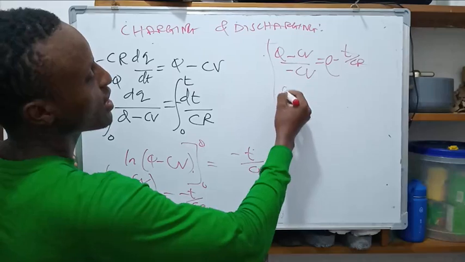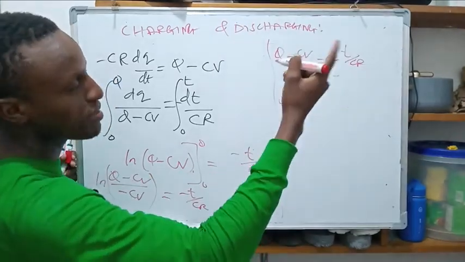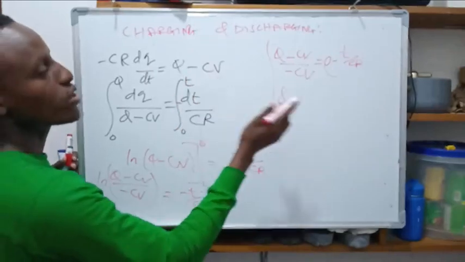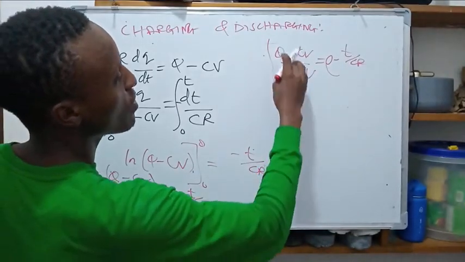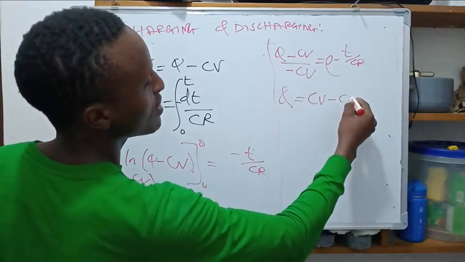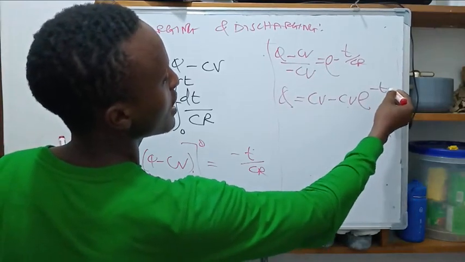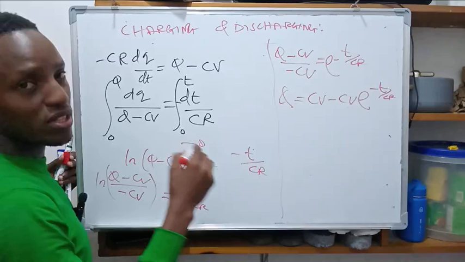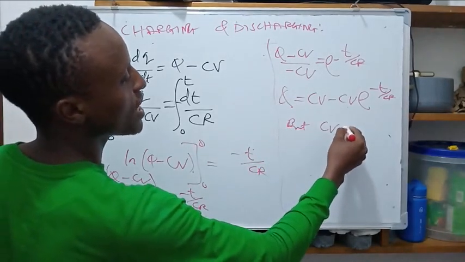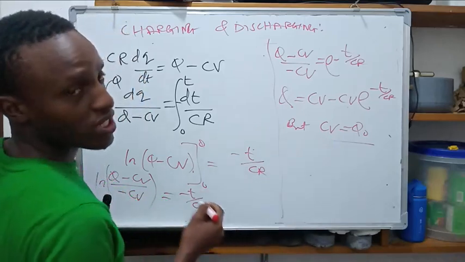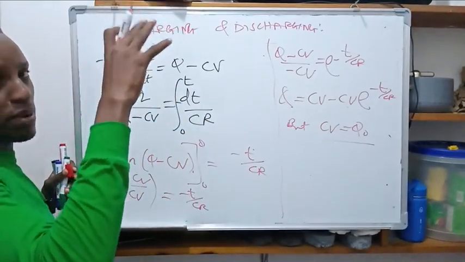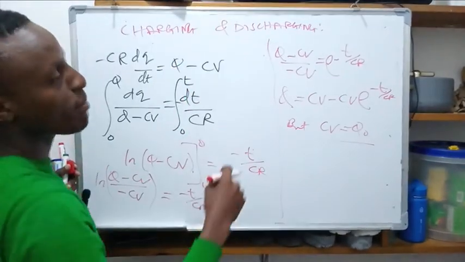So we can say Q, the charge now at any time T. I said from 0 to final, meaning at time T. So when this comes to that side, it becomes positive CV, minus negative CV, then e to the negative T over CR. So speaking about the charge at a given time, this CV was the initial charge, due to the potential and the capacitance of the capacitor.